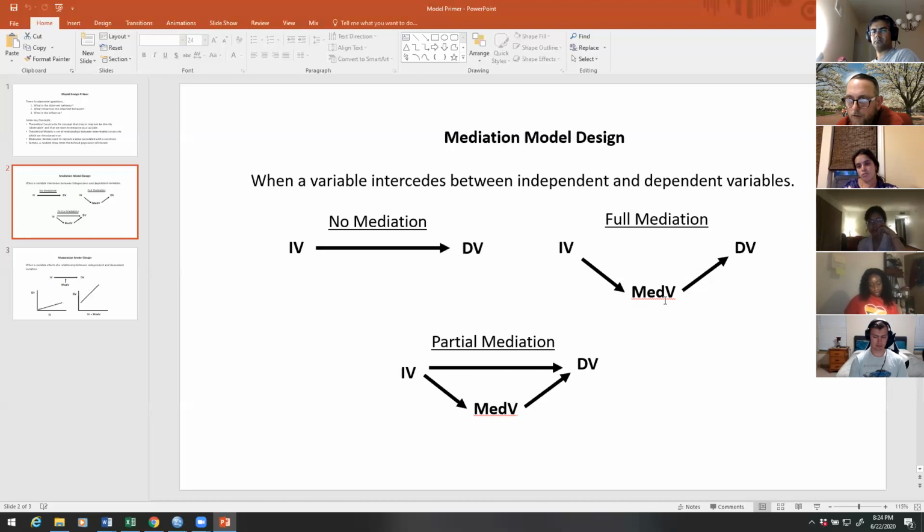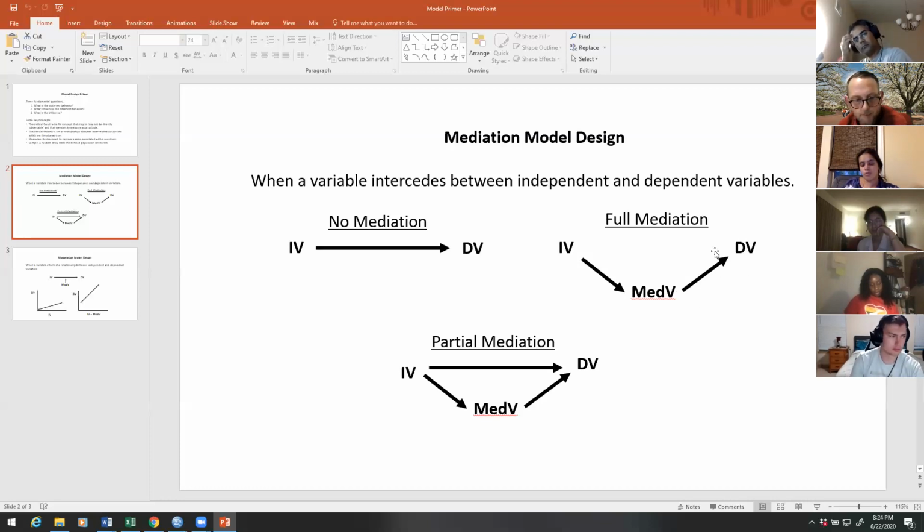This is called full mediation, where there's a full step here. So what we might do is measure this relationship here as step 1, and then use step 1 to create step 2.